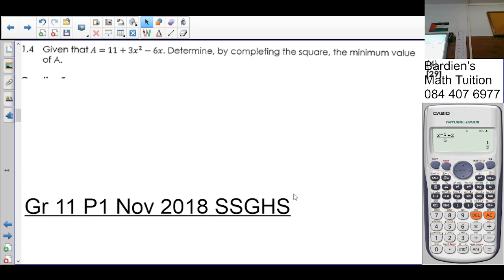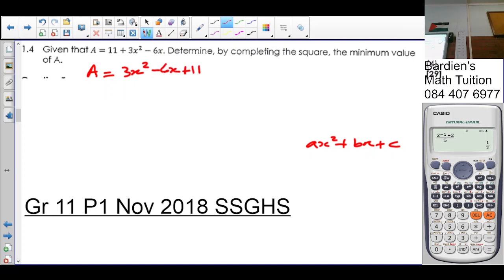So what we do is we write it first in the form of ax squared plus bx plus c. Which means it's going to be 3x squared minus 6x plus 11. Then we must factorize the 3, so it's going to be 3 into x squared minus 2x plus 11 over 3. So what must we do?